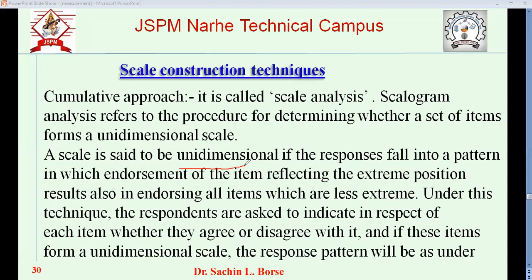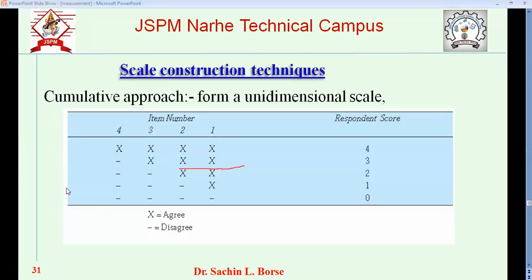I will just show you the pattern. Suppose there are 4 statements. If all 4 statements are correct, then the score will be 4.